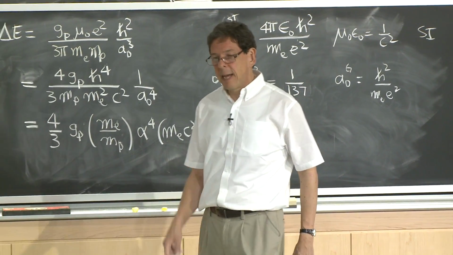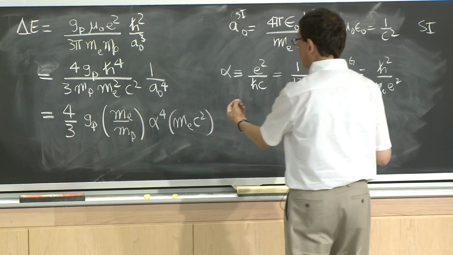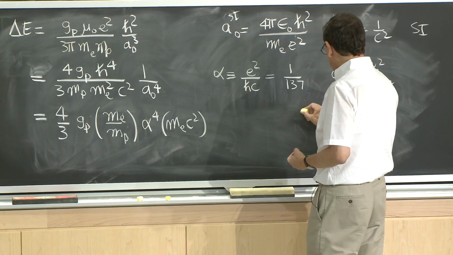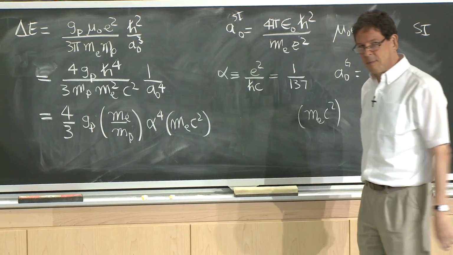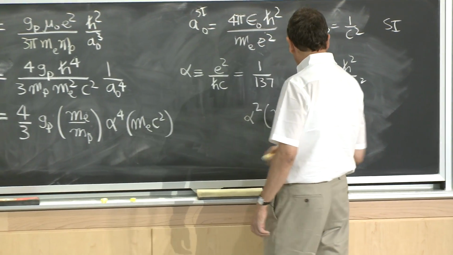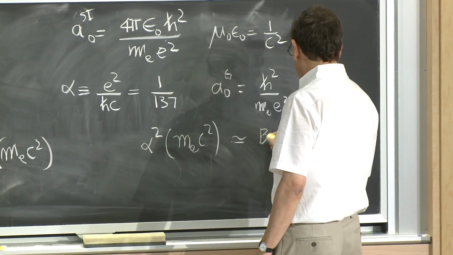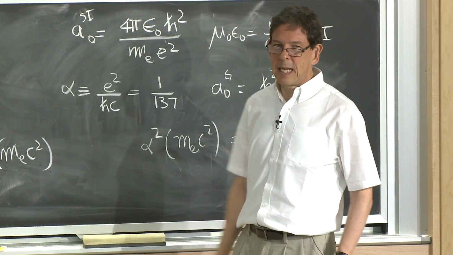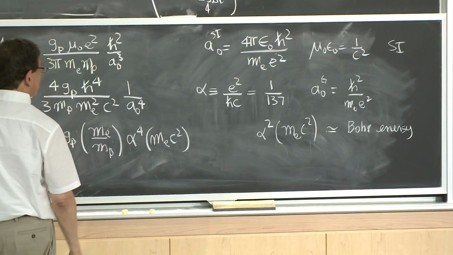So the things that you may remember that allow you to understand the smallness of this hyperfine splitting are the following. Here is the rest energy MEC squared of the electron. If you multiply it by an alpha squared, that's roughly the Bohr energy. Those 13.6 eVs, up to a factor of 2, is alpha squared times this.